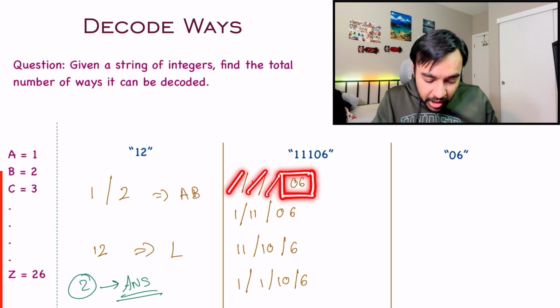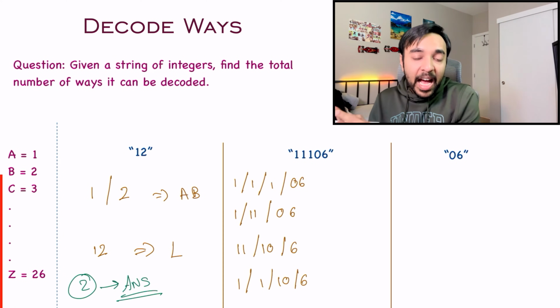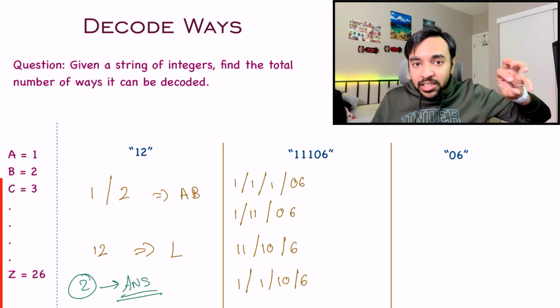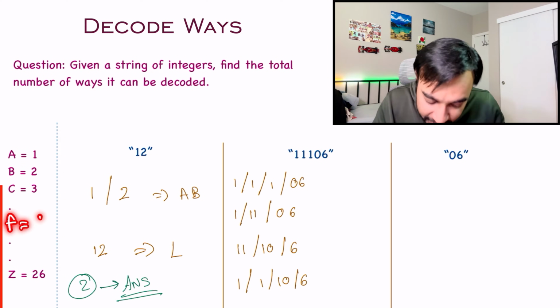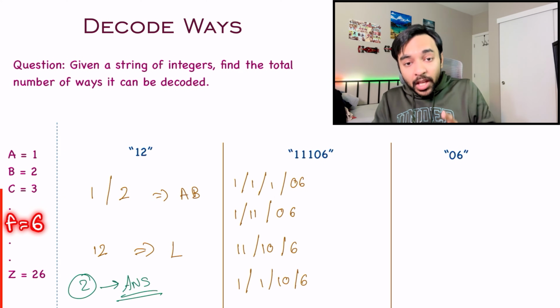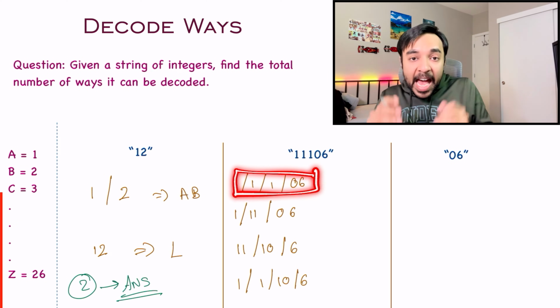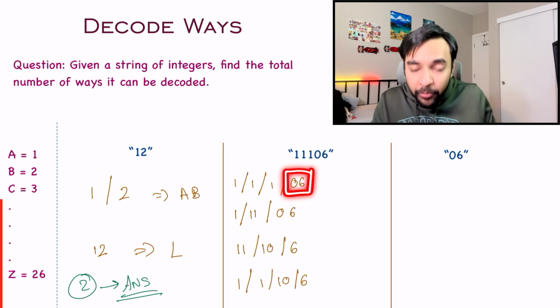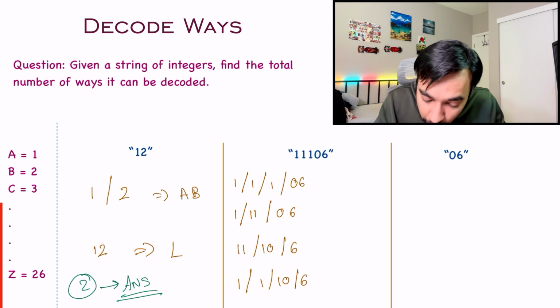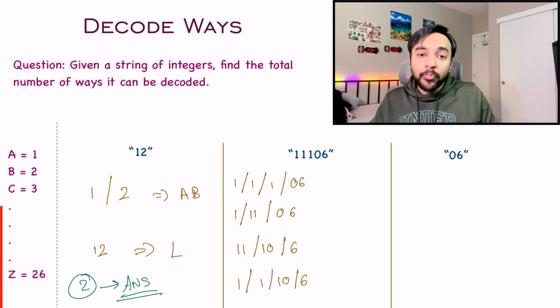If you look in your key, you never have any number that has a 0 in the beginning. For example, F will be equal to 6 and not 0, 6. So this split actually becomes invalid because you do not have any map for 0, 6, so you will not even consider this split.